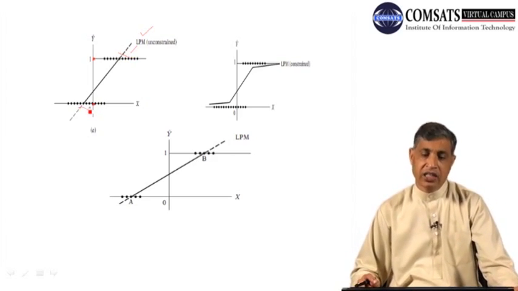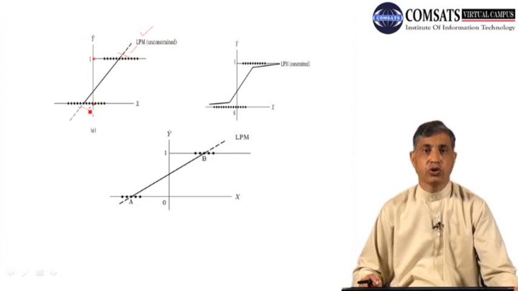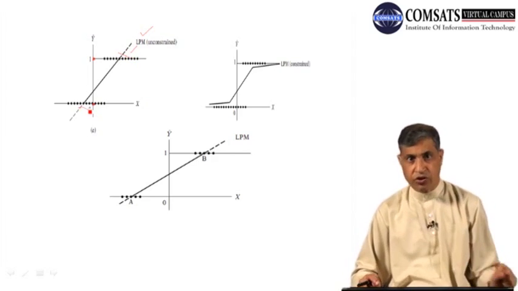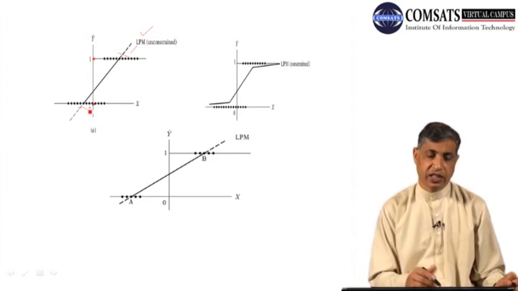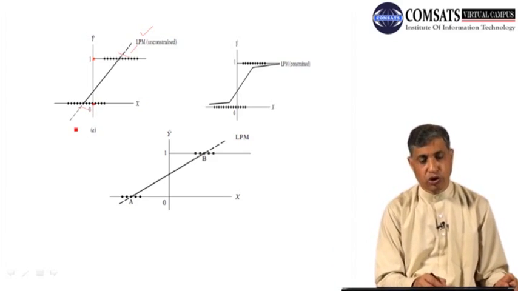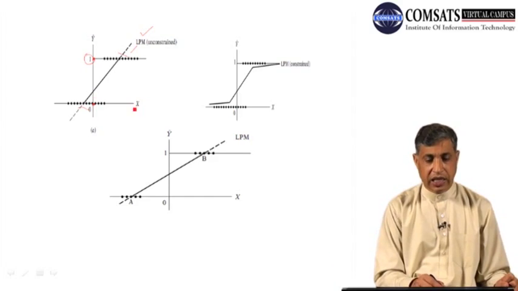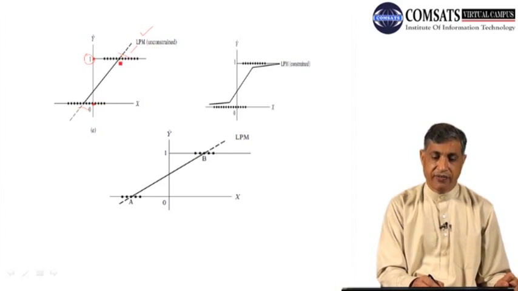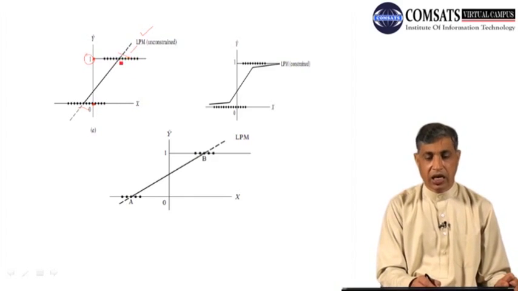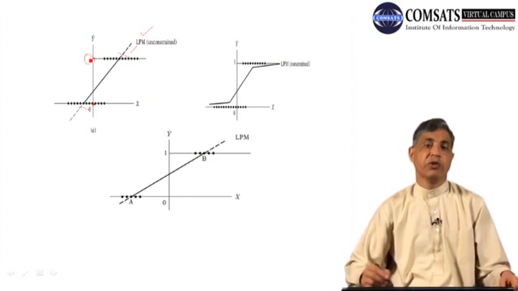It is unconstrained; we do not put a constraint on it, so it may cross the limit. The dependent variable can assume only two values, 0 and 1, at each value of x. For example, when x is in this situation, y is 0 here, and when x is here, at the dotted points, it could be 1.